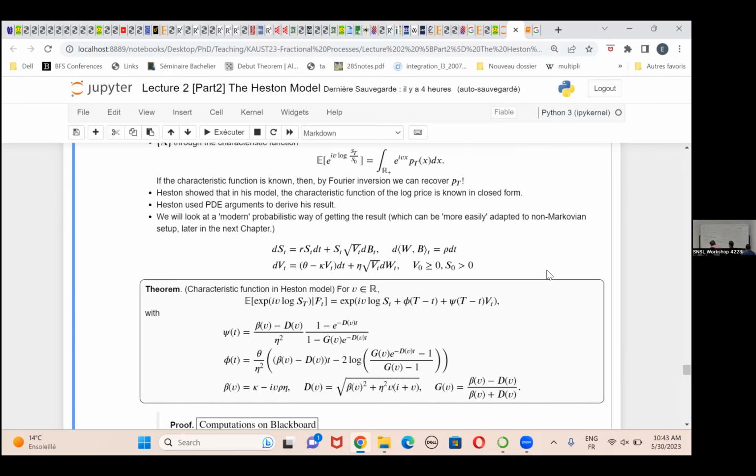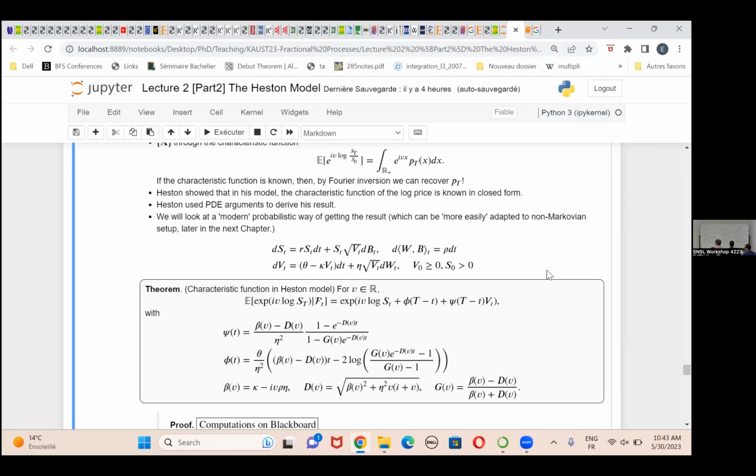And so essentially, if you want to get the characteristic function, what are the missing steps? It's simply to verify the assumptions that you made in this theorem. So first, you need to verify that indeed the Riccati system admits a solution. And what's really nice for these Riccati equations is that you can even solve the system explicitly. So your C is given in explicit form.